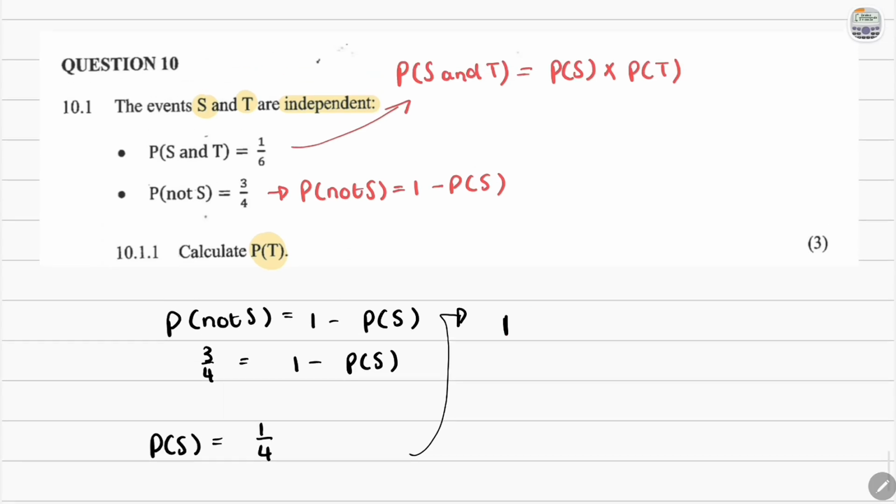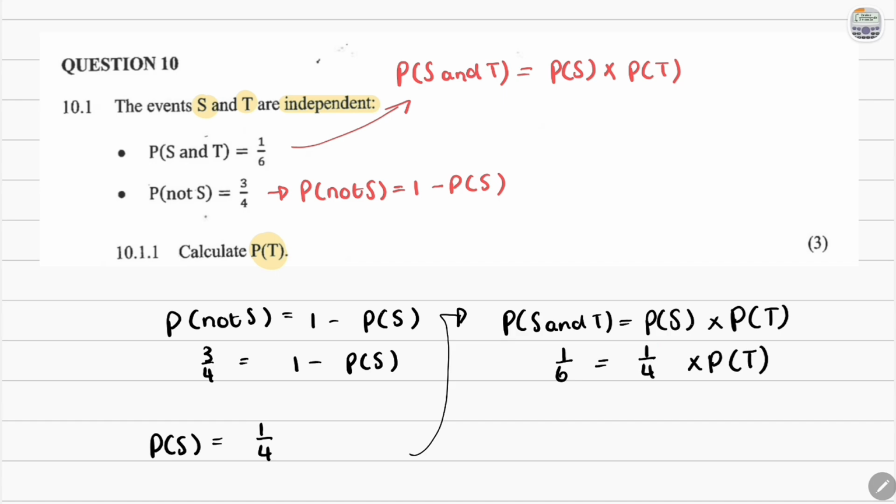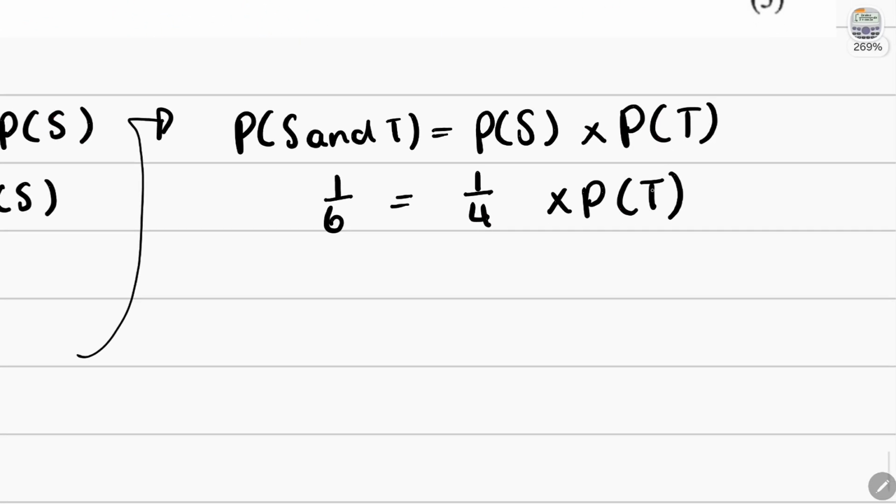So we can say the probability of S and T is equal to the probability of S multiplied by the probability of T. Now we have this value. It's 1 over 6. So 1 over 6 is equal to the probability of S, which we found to be 1 over 4, multiplied by the probability of T. And now to solve for the probability of T, you can divide both sides by 1 over 4 or just multiply both sides by 4.